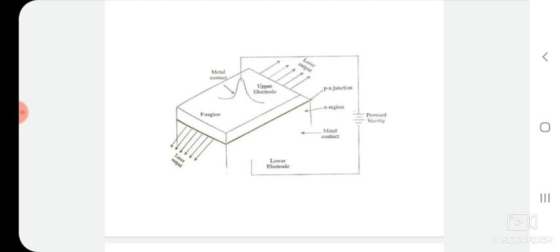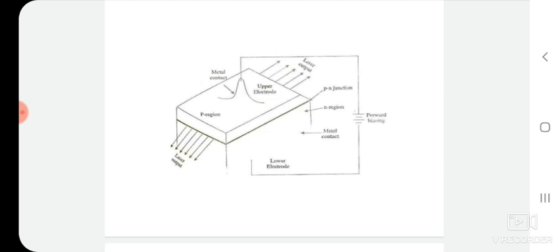Once again, the photon emission is stimulated in a very thin layer of the PN junction. After that, the electrical voltage is applied to the crystal through the electrodes, which are fixed on the upper surface.